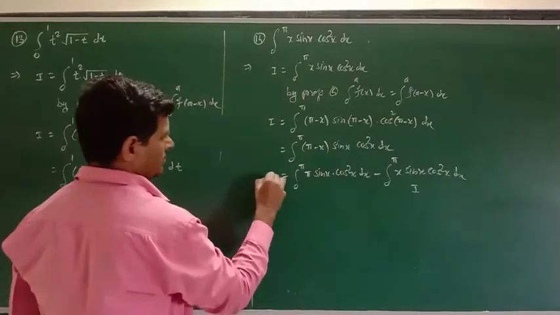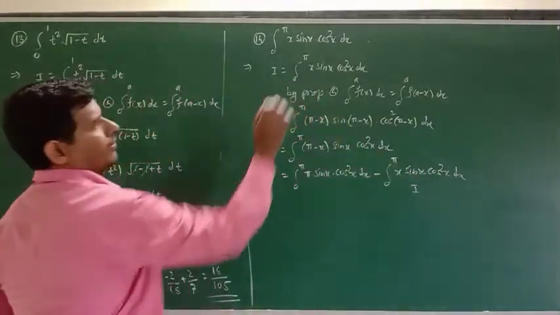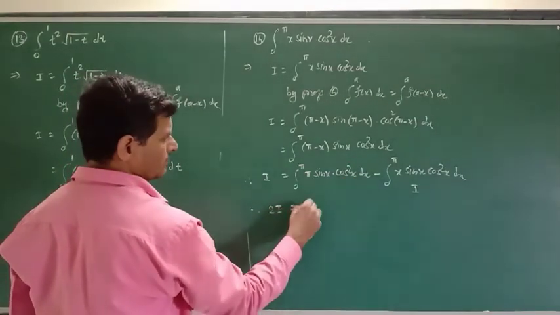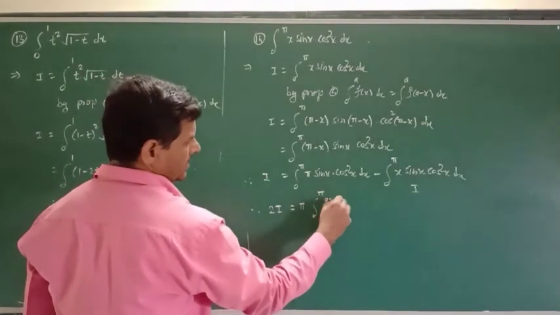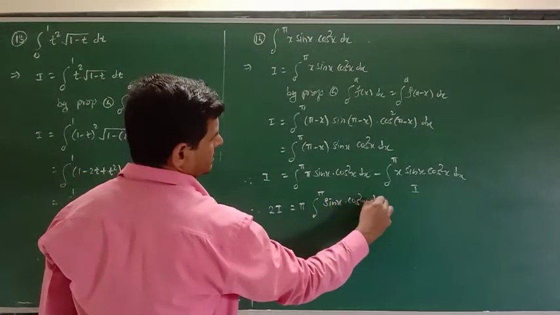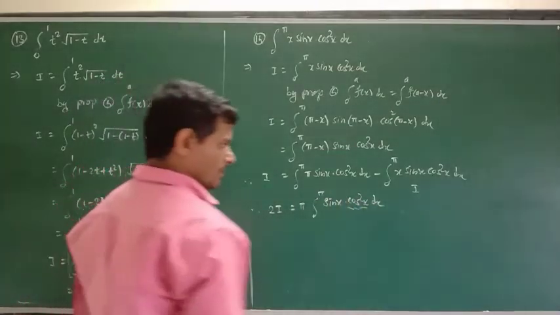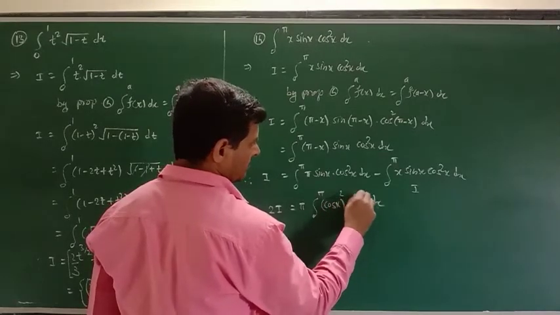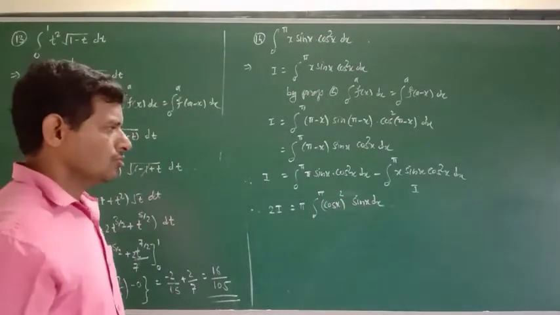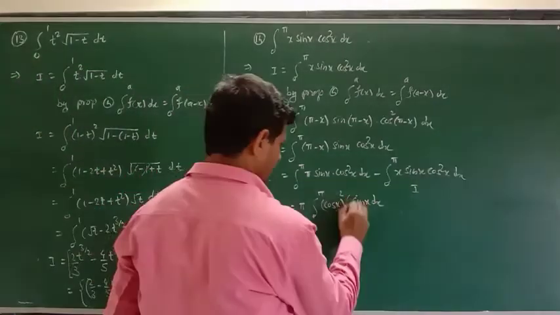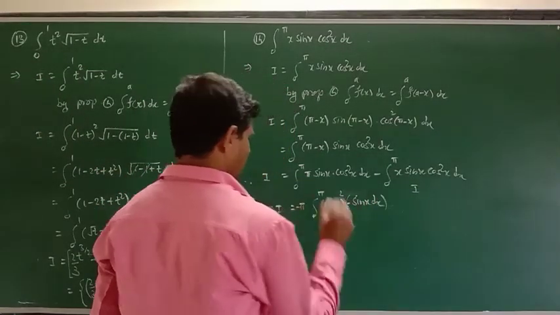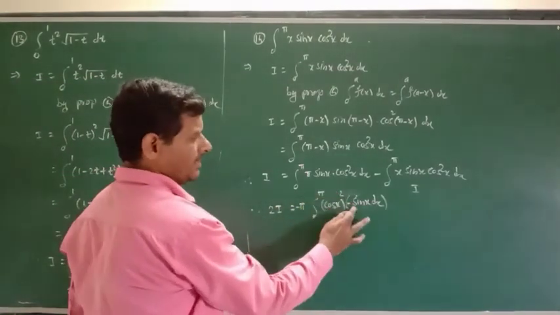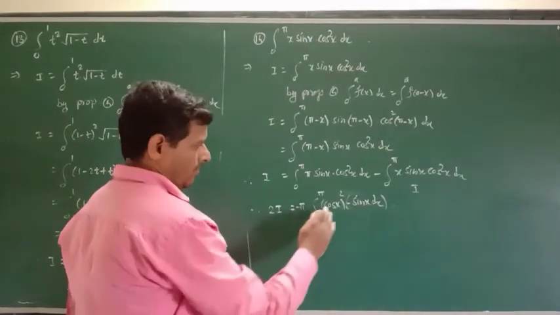So this is our original integral I. So we are getting minus I here, which goes to the left side as plus. So 2I is equal to pi times the integral from 0 to pi of sin x cos square x dx. Write it as (cos x) square into sin x dx. If I take the negative sign here, minus 1, this is the function f(x) raised to n, and here is the derivative of the function.